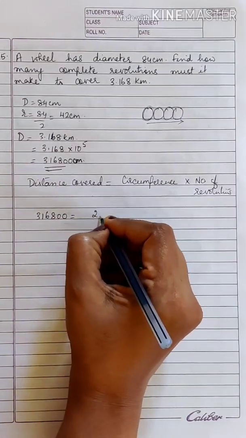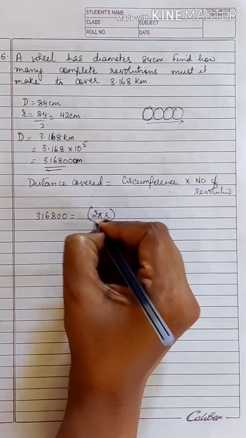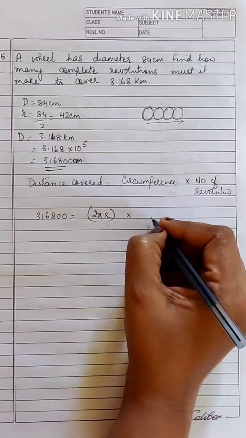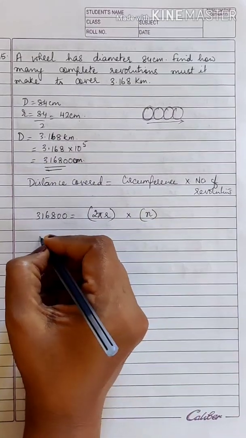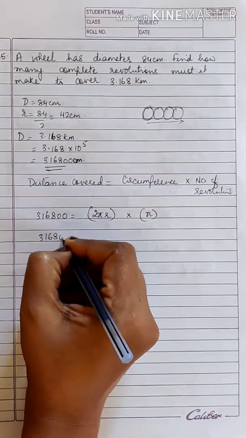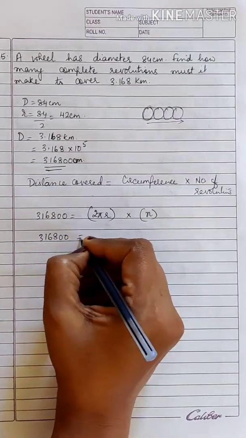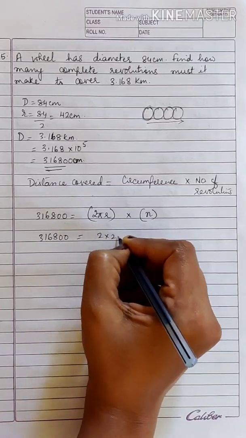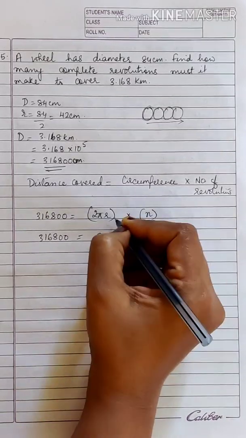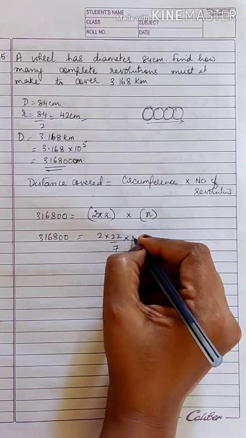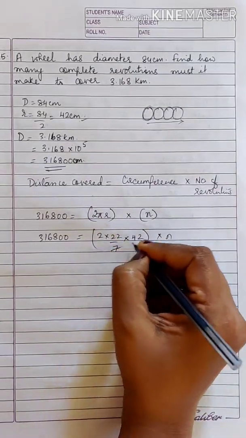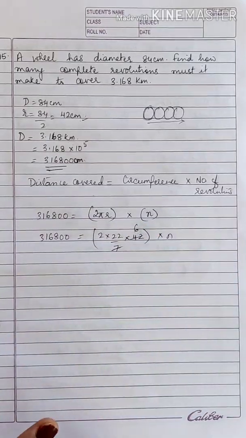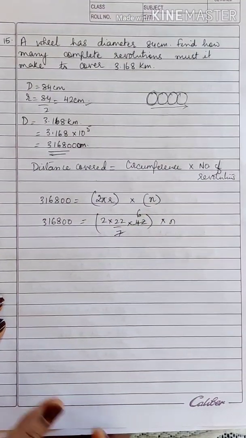Circumference you can find by the formula 2 pi r, and here number of revolutions, let it be n. Now 3,16,800 is equal to 2 into 22 by 7. Radius is 42 into n. Reduce this, you get 7 6s are 42.